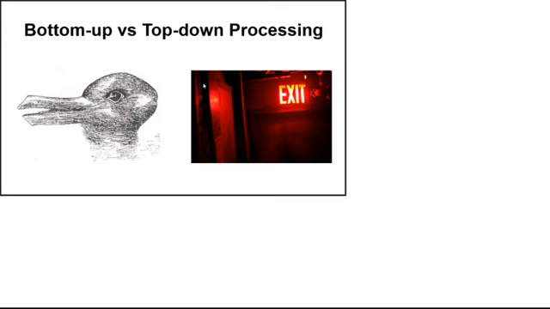The figure on the left is more of a bottom-up kind of processing situation. And this is the first of our weird optical illusions that we're going to look at very, very briefly here. But if we start looking at the individual elements of that image, it's like, okay, so we have an eye and we have a head, but then we get some ambiguity. Is that a beak or are those ears?